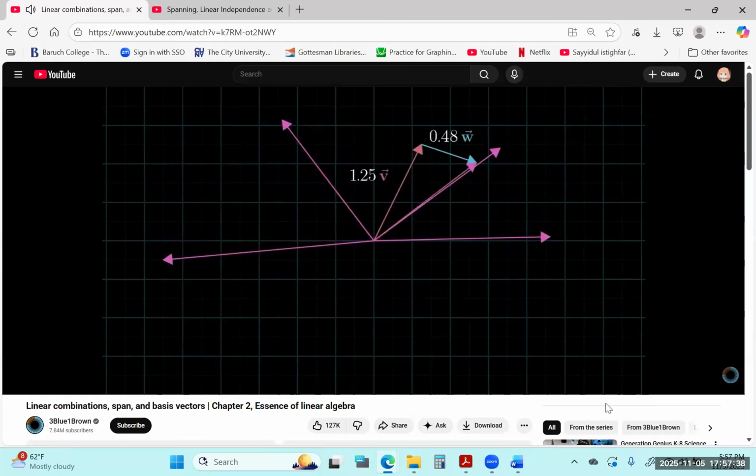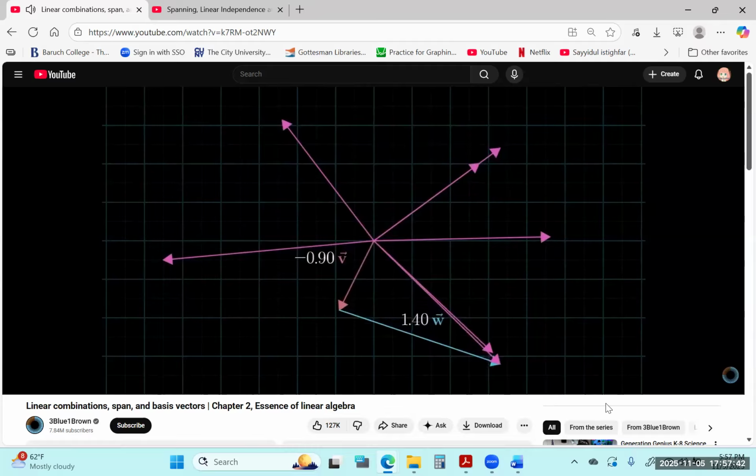For most pairs of vectors, you'll be able to reach every possible point in the plane. Every two-dimensional vector is within your grasp. However, in the unlucky case where your two original vectors happen to line up, the tip of the resulting vector is limited to just this single line passing through the origin. Actually, technically there's a third possibility too. Both your vectors could be 0, in which case you'd just be stuck at the origin.